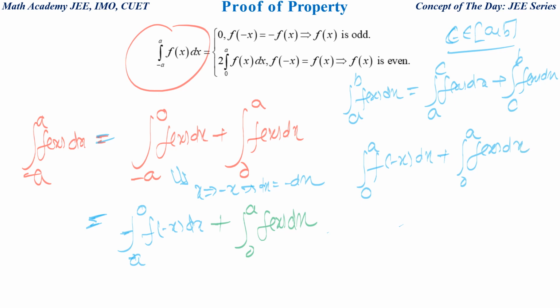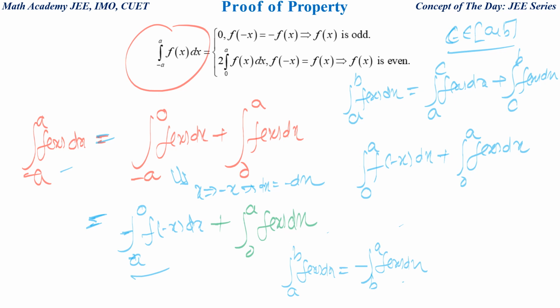Why? Because there is one more property in definite integrals. If the limit is a to b of f(x) dx, then it will be equal to minus times the integral with the order of limits reversed. It can be written like this. Okay, so we can write this sum of two terms as 0 to a of f(minus x) dx plus 0 to a of f(x) dx.